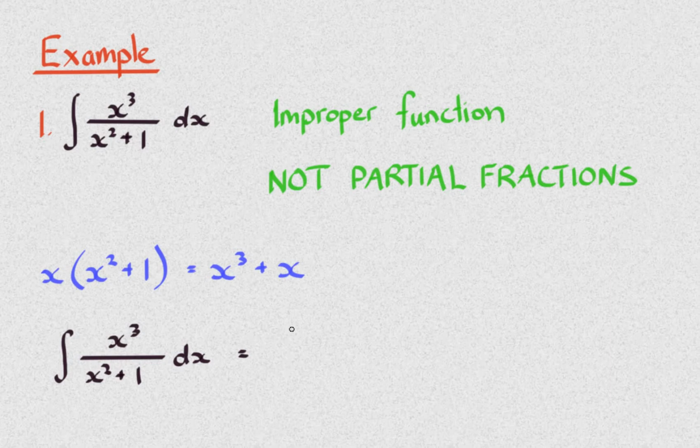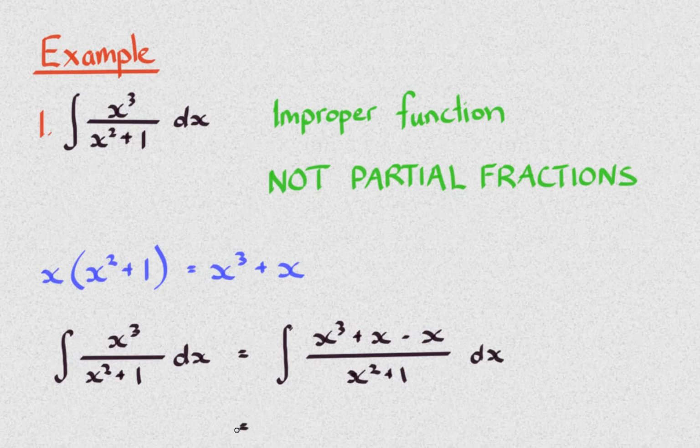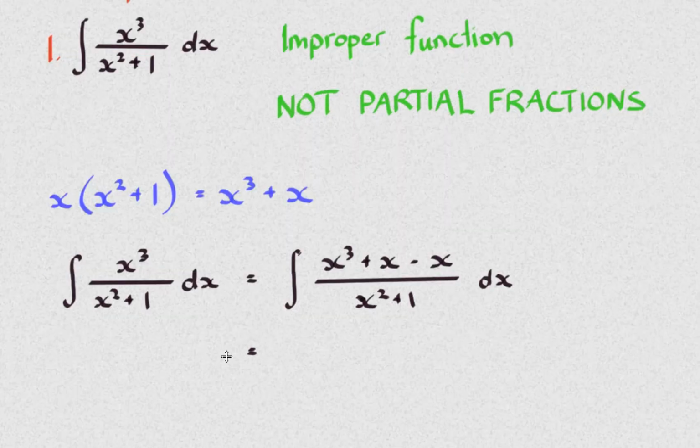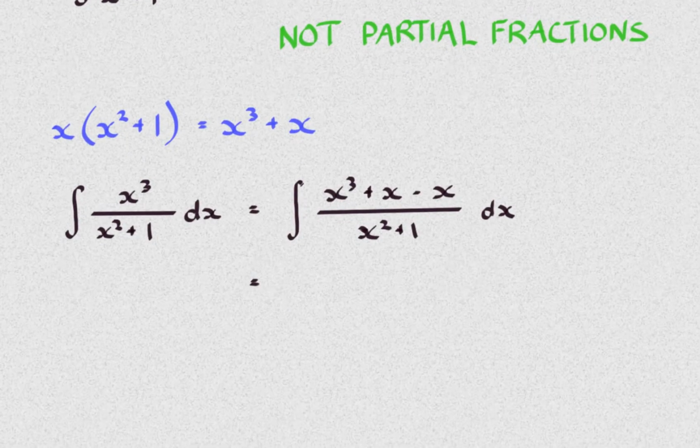So our integral can instead be written as x cubed plus x minus x all over x squared plus 1. The reason we did this was so that we get an x squared plus 1 term. So going to split this fraction now, and at the same time, this x cubed plus x, remember, that is the same as x outside of x squared plus 1.